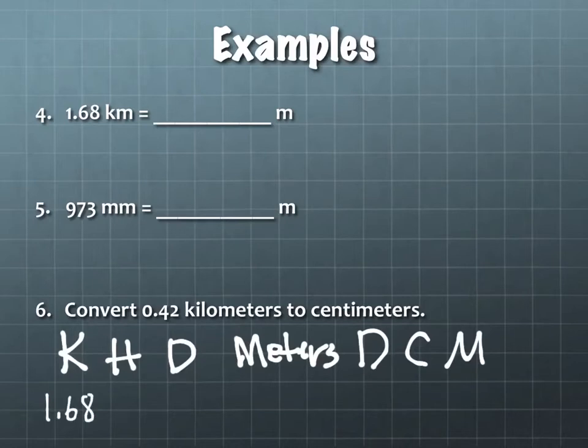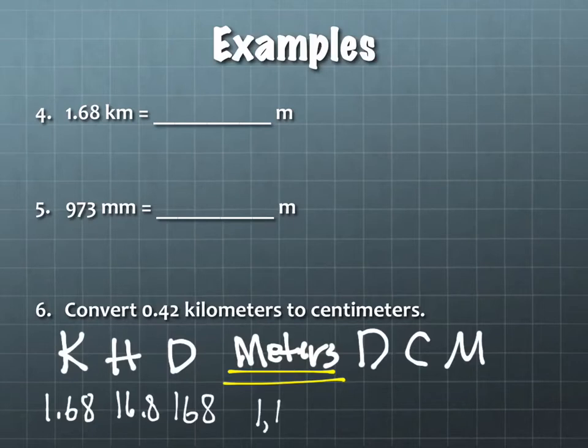And we know that we're trying to get over here into the meters column. And we can physically move it one step at a time if we need to, so that we can see how that decimal point is moving. So when I do the 1.68 and it switches over, it'll now be 16.8. And if it moves again, now it's 168. And if it moves one more time, I have 1,680. So the decimal point is moving 1 each time.